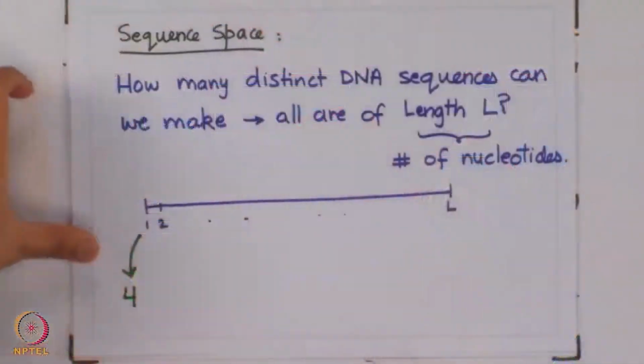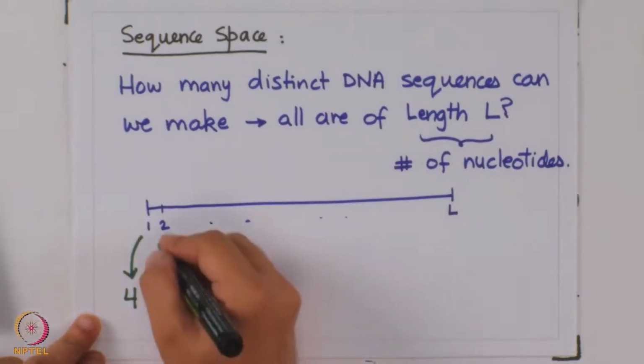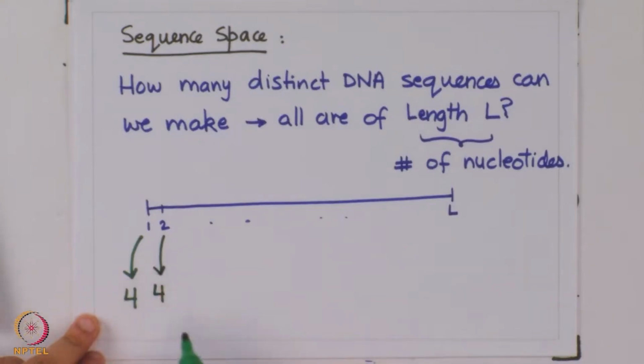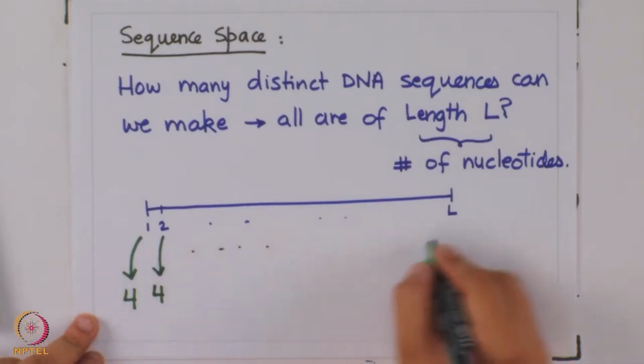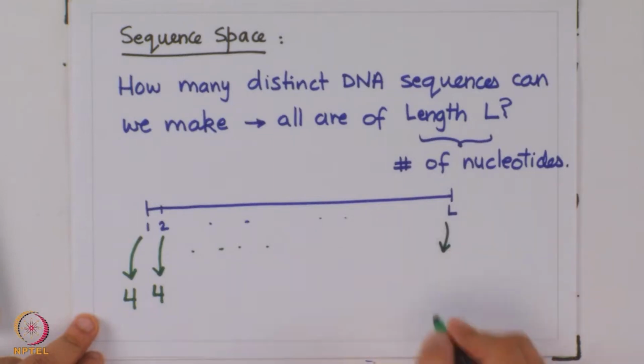Position number 1 can be filled with any of the 4 nucleotides. So, I have 4 options for position 1. And when it comes to position 2, I have the same 4 options again, because repeats of nucleotides are allowed here, and so on and so forth going all the way up to L. When it comes to allotting a nucleotide for the Lth position, again I have 4 options.